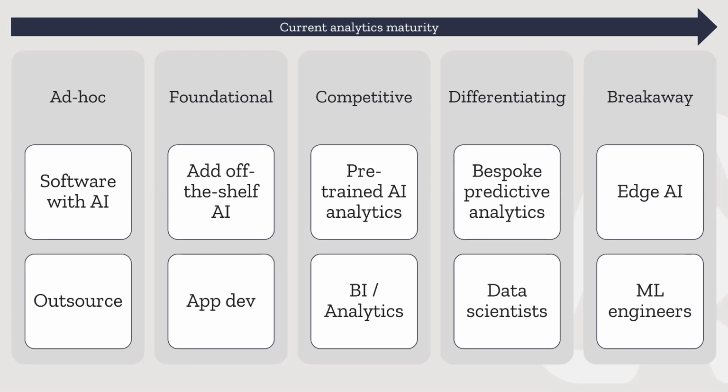If you have some data and it's going into maybe a database, and you've got some developers or some people who can write some code, and you're relatively comfortable with the data, you can be adding some off-the-shelf APIs to do some things like add captions to all the images that field engineers have taken.